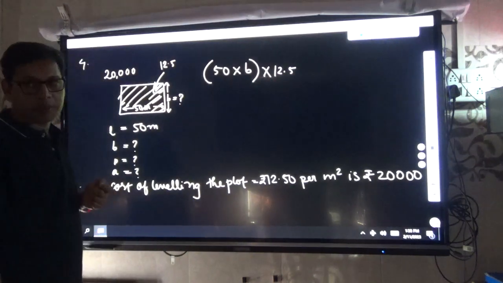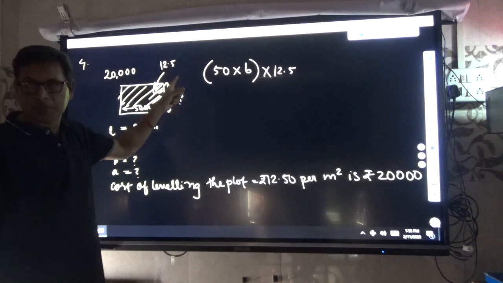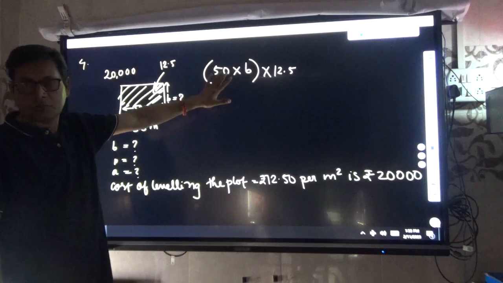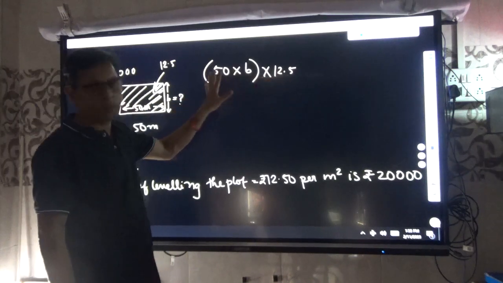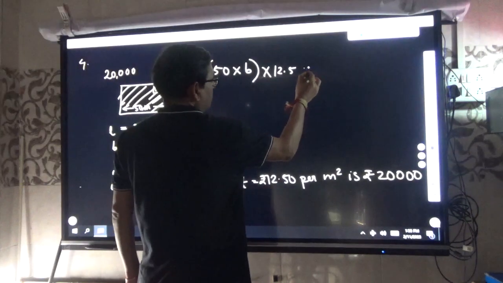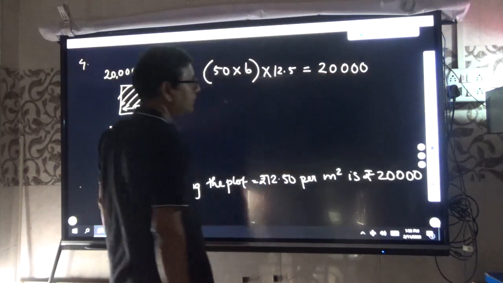For 1 square meter, I have to spend how much? 12 rupees 50 paise. So for the entire area, I have to give 12.5 into the total area. Correct? This is equal to 20,000 rupees. Now you understood?